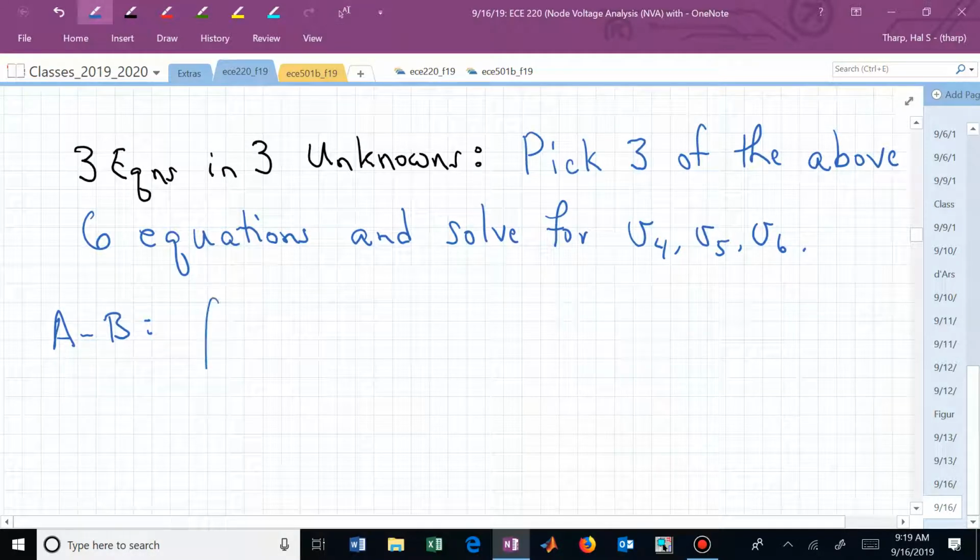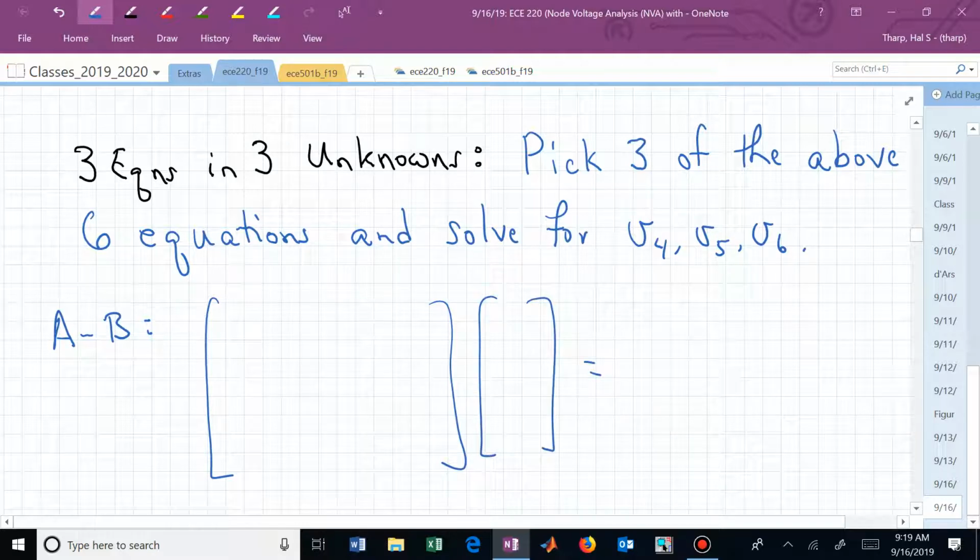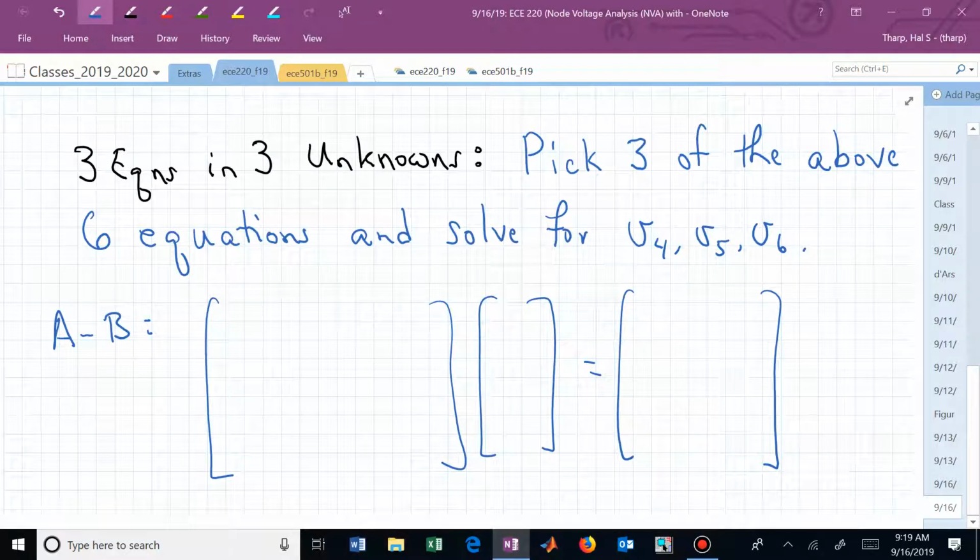Well, now, do you see that we can actually write this in a matrix form? This is why it's so important to know linear algebra. You'll get it next year if you aren't doing it now. Some of you are taking a math class, linear algebra. We're trying to solve for V4, V5, and V6.